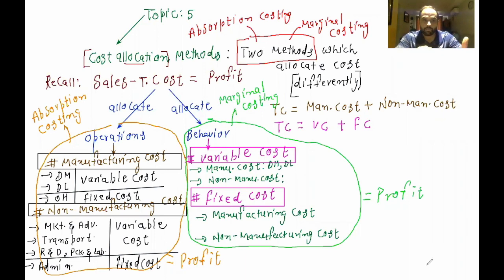You can see both fixed and variable parts of manufacturing cost, right? Not just only variable or not just only fixed. Both belong to manufacturing, like direct material, direct labor, which is variable, and overheads, depreciation, rent, insurance, supervisors. These costs are fixed cost. Right? That's the idea here.